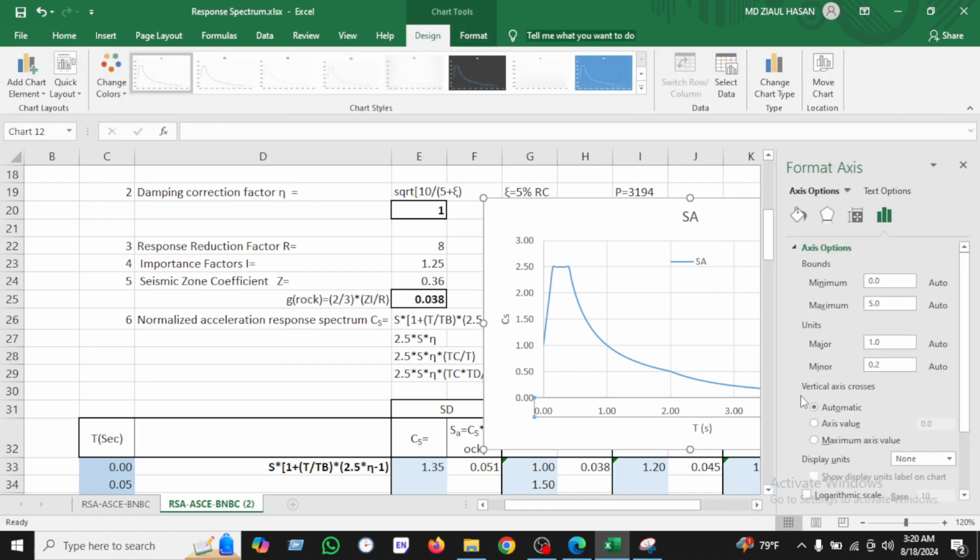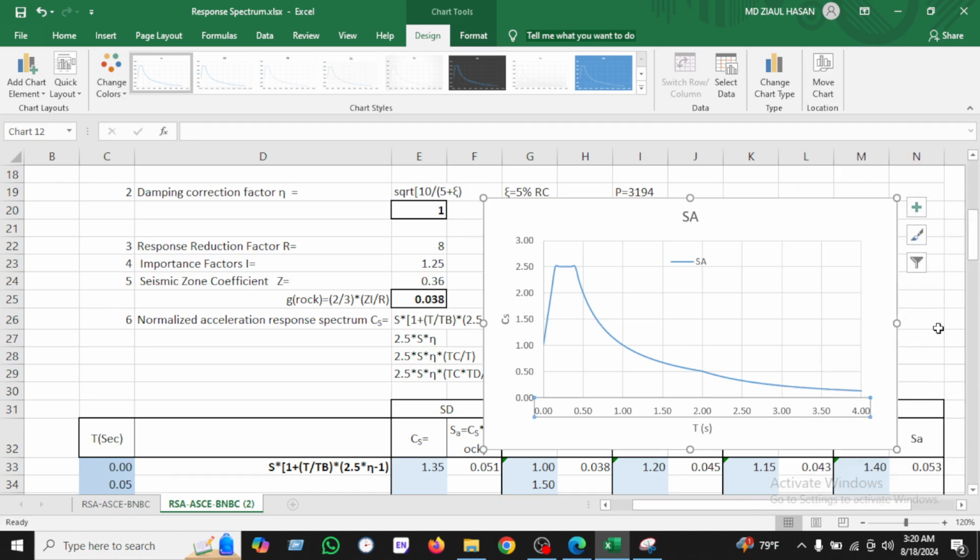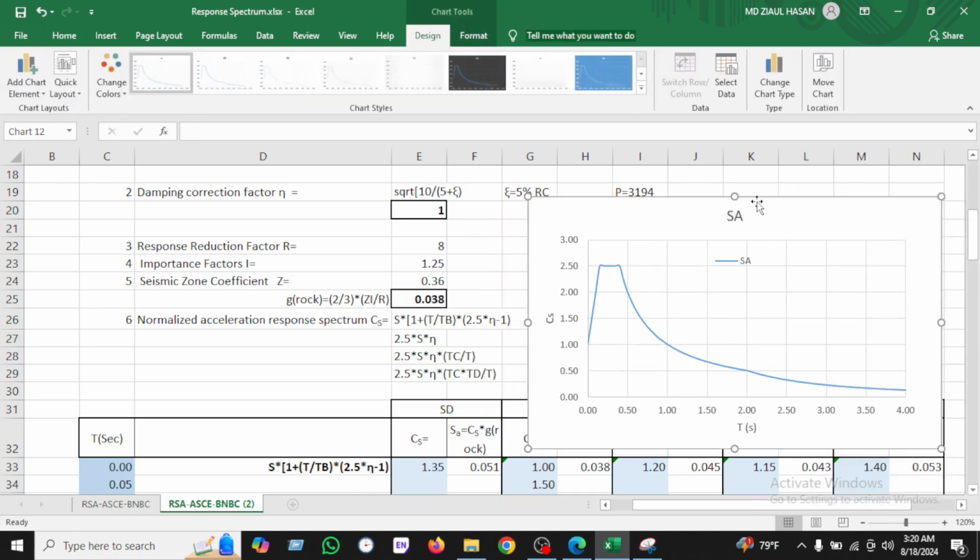You can reduce the value up to 4 seconds. Here is the value of S, so it will be the response spectrum analysis.